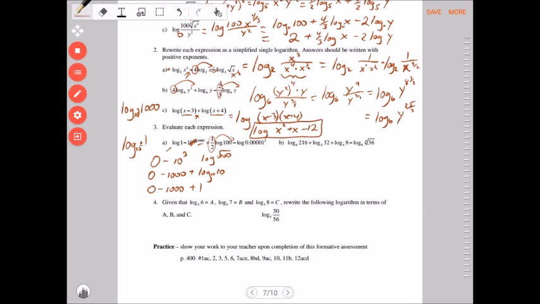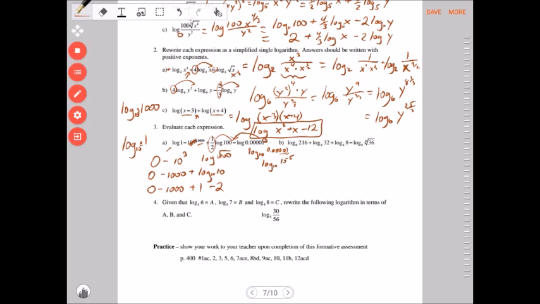Okay, now this one's going to be tricky. This 2 can jump down in front, so that's going to be minus 2, and then log base 10 of 0.00001. Well, hopefully you know that is 10 to the negative 1, 2, 3, 4, 5. That's kind of a scientific notation thing. So this is log base 10 of 10 to the negative 5.